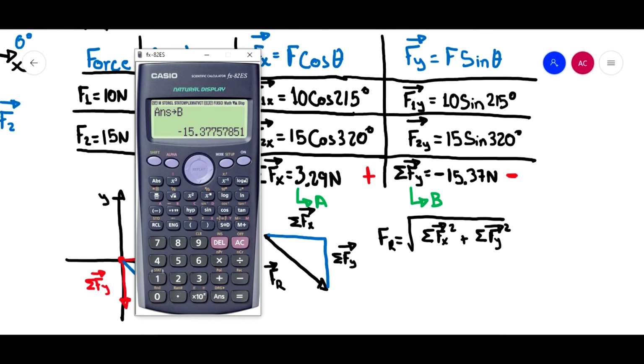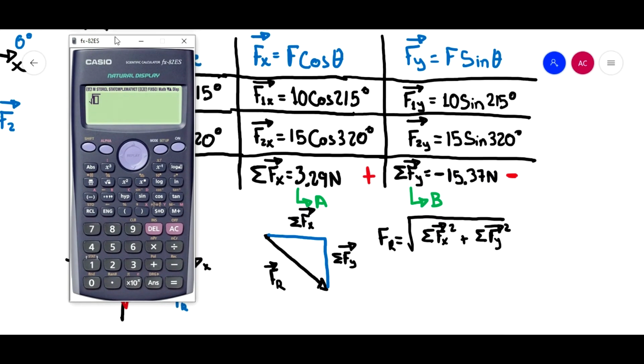Okay, let's do it in the calculator. So it will be the square root of the value that I got in A, Alpha A squared, plus the value that I got in B, Alpha B squared. Okay, and that is the resultant force.